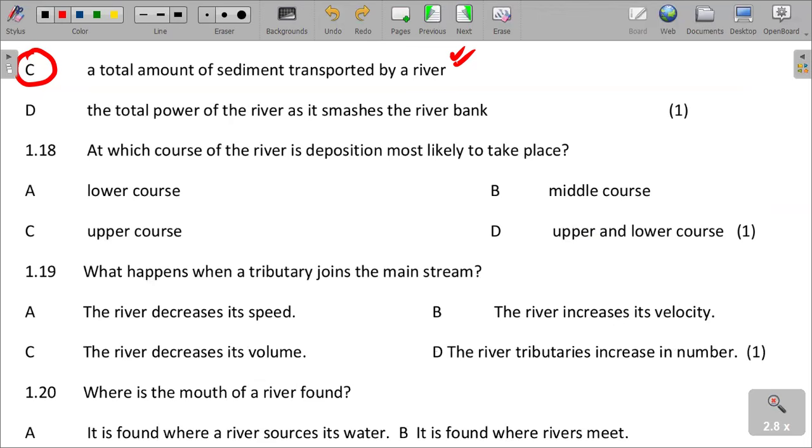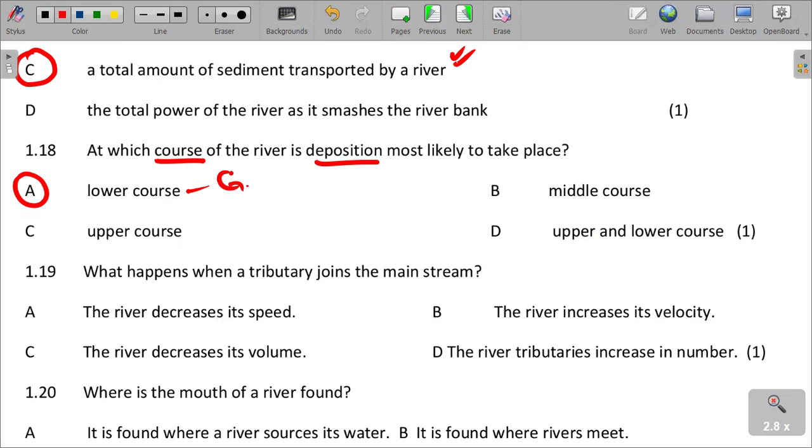So we call that a braided river channel. At which course of the river is deposition most likely to take place? Deposition is most active in the lower course of the river channel.